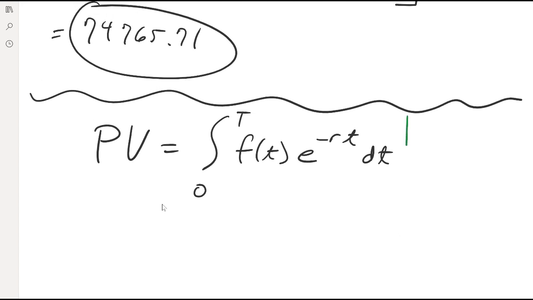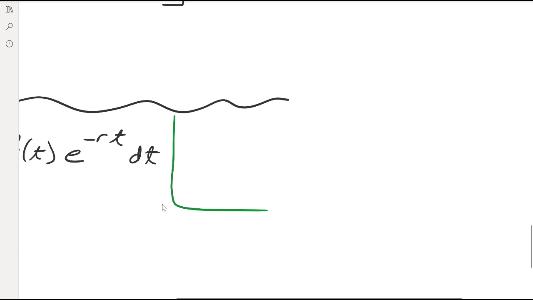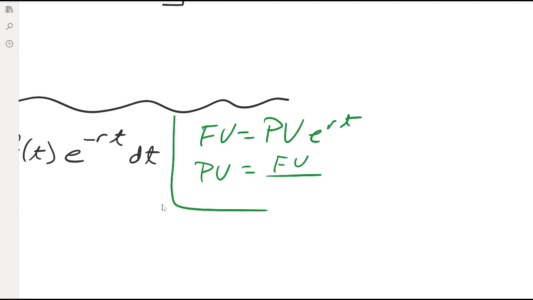It comes from this fact: the future value of an investment that's continuously compounded is the present value times e to the rt. That's why when we did future value, we had a positive rt. But to solve for present value, I need to divide both sides by e to the rt. So I have future value divided by e to the rt, and if we bring the denominator up to the numerator, we take the opposite sign. So present value is future value times e to the negative rt.